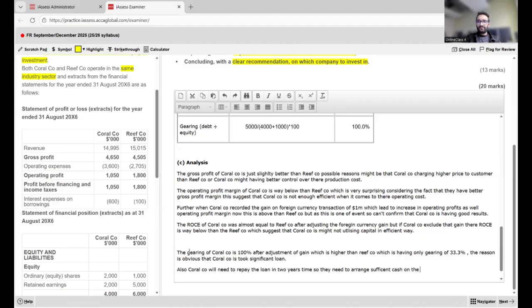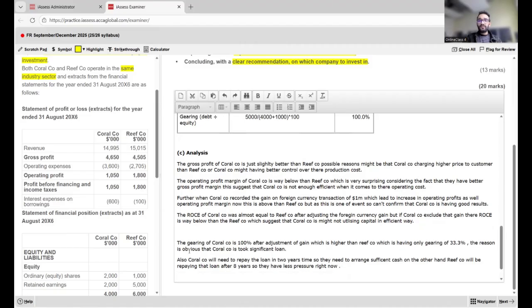On the other end, Reefco will be repaying that loan after 8 years. So they have less pressure right now, right?